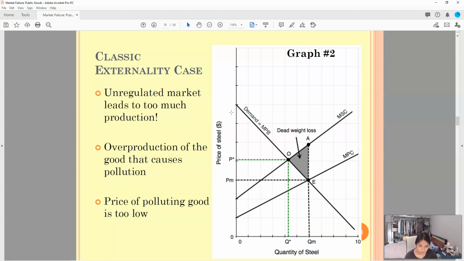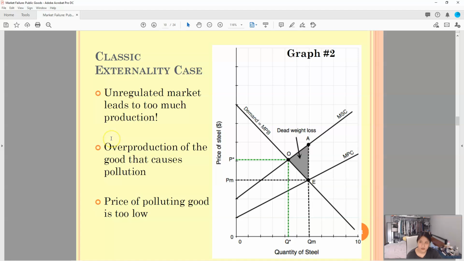Pollution is also one of the public goods, but with negative externality. The market equilibrium is E. The social equilibrium is O. We want to reach social equilibrium, but without the government's regulation, the competitive market will reach E.